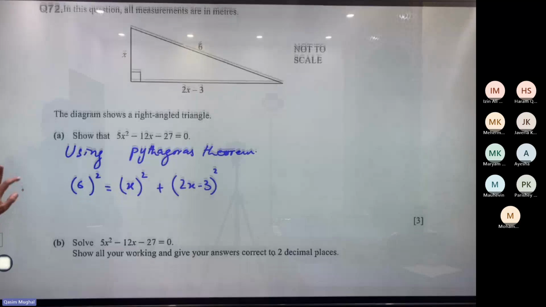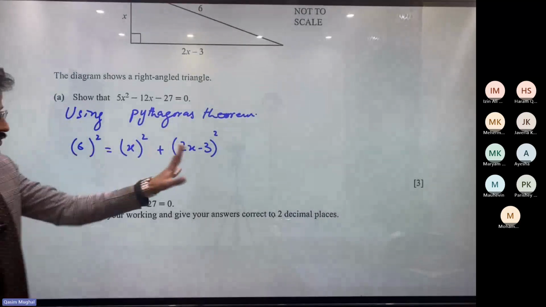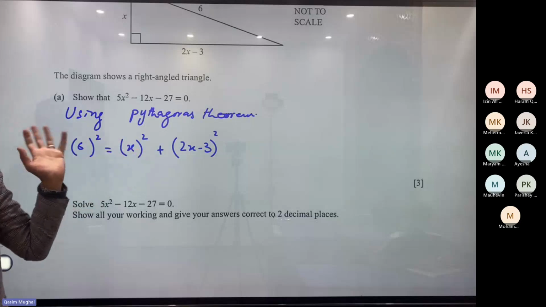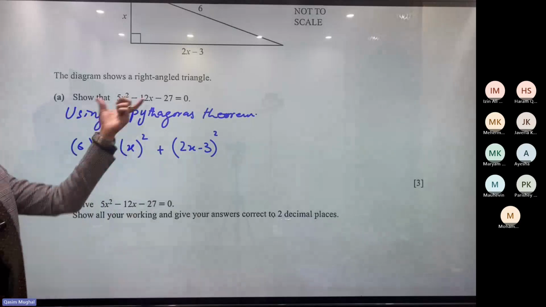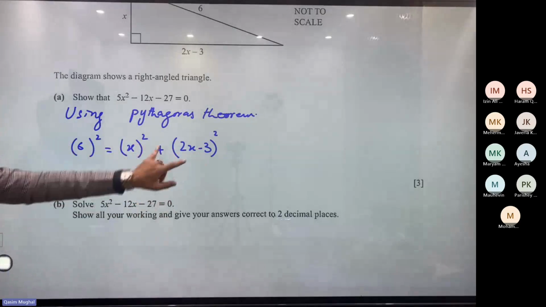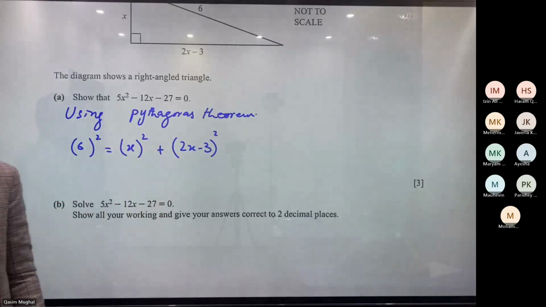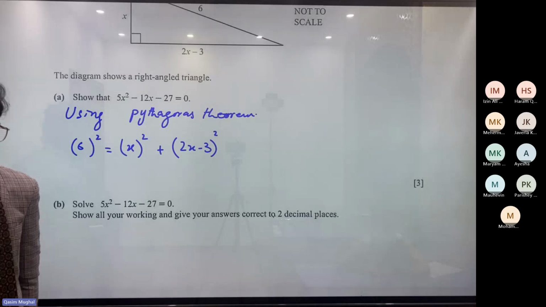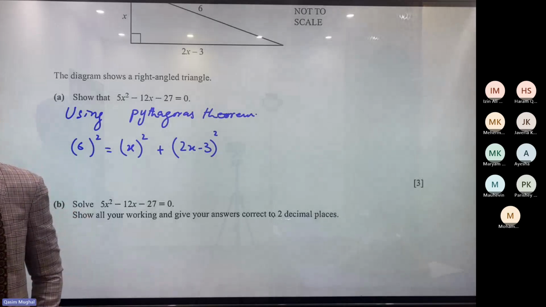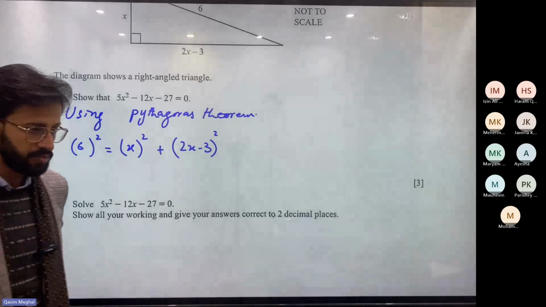So you have the equation. I need to expand them, rearrange them, bring everything to the left of the equation and have 0 on the right. How would you expand this part? Which identity? Shabash. a minus b whole square equals a square minus 2ab plus b square.